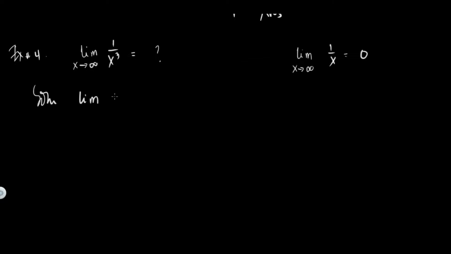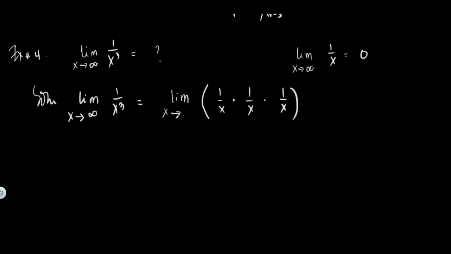The limit of 1 over x cubed as x approaches infinity is equal to, ang gawin natin dito, the limit of 1 over x multiplied by 1 over x multiplied by 1 over x as x approaches infinity. Then, kung makita mo, ito ay product na, no? So, kung product yan, pwede rin niyang isa-isa.